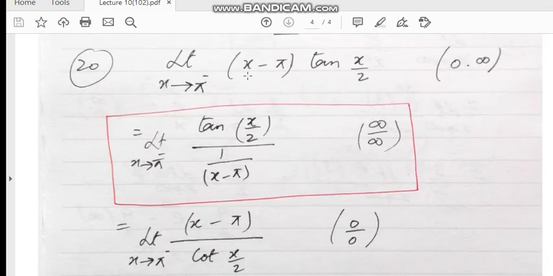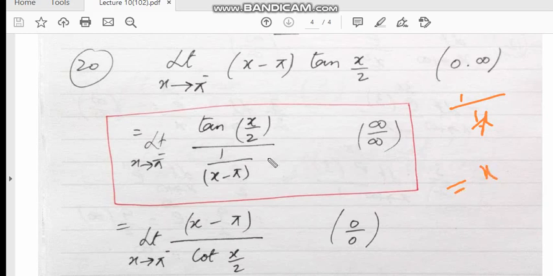Again, by putting pi here we get 0, and by putting pi here we get tan pi over 2, that is infinity. So this is 0 into infinity form. I have just written this tan x by 2 over 1 by x over 2. You know that if it's written 1 over 1 over x, this is equal to x.